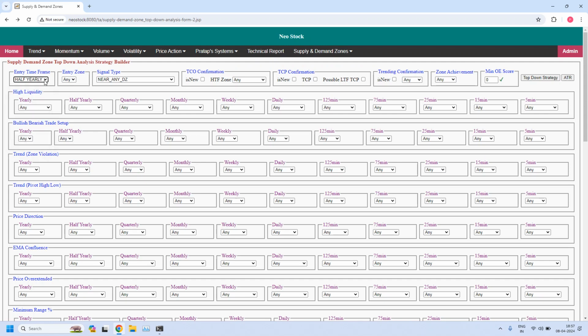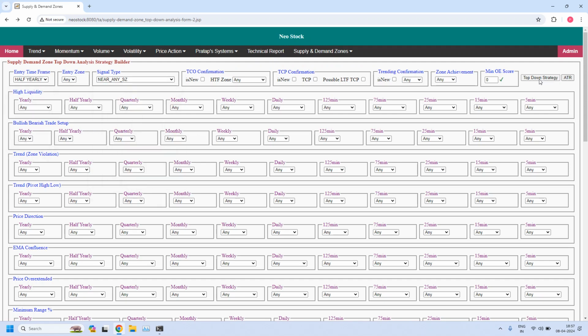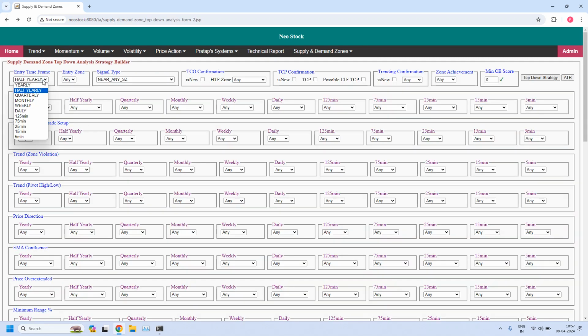For half yearly time frame, let us find the stocks near half yearly supply zone. Here also we identified only one stock which is near to half yearly supply zone. So I am going back, changing the time frame to quarterly.